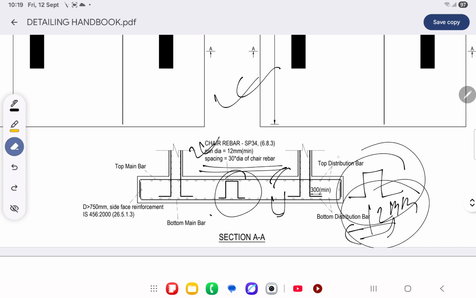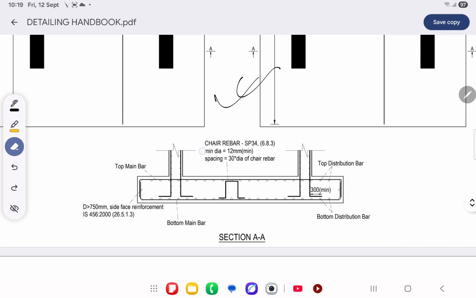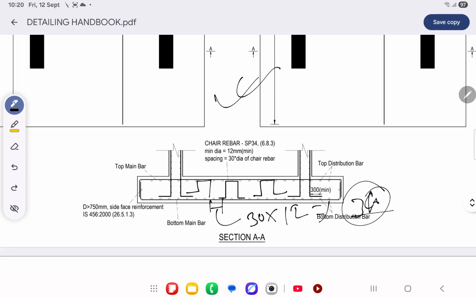And what is the spacing between one chair and the next? Here this is one chair, and again we provide one chair, and again another. The distance between them is 30 into the diameter of the chair rebar. Suppose we provide 12 mm, then the spacing between two chairs is 360 mm.